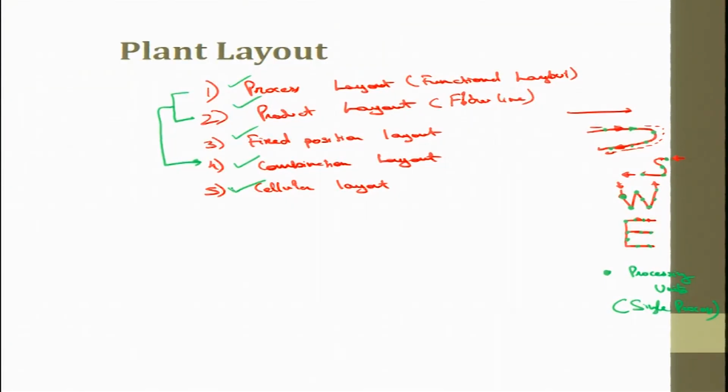Those can be manufactured in one cell and controlled by one computer. So this is computer integrated manufacturing. Another cell can manufacture another component, and another set can manufacture yet another component. This is then a kind of cellular layout.